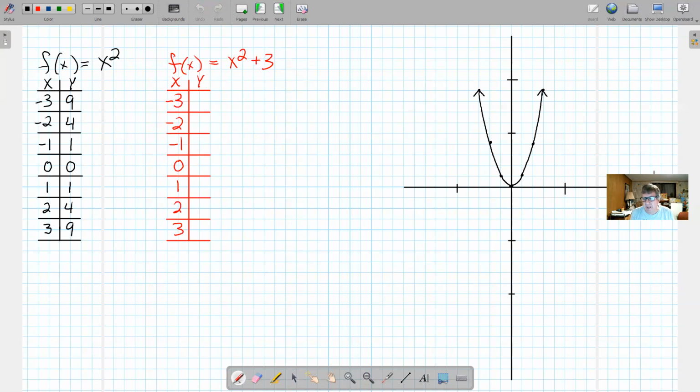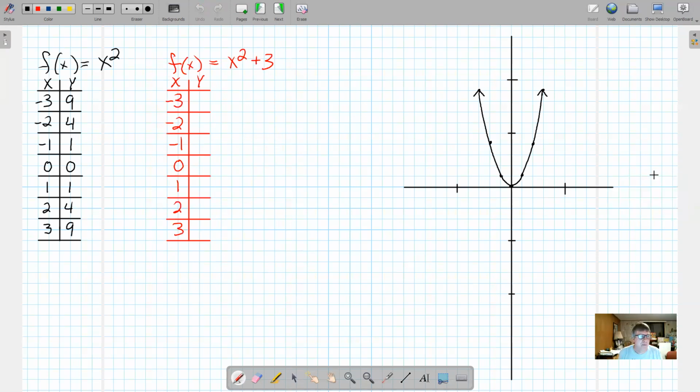Here we already have that same graph formed, f of x equals x squared. But now we're going to take a look at f of x equals x squared plus 3. And let's see what happens when we calculate those values. So f of -3 is going to be -3 squared plus 3, which is 9 plus 3, which is 12.